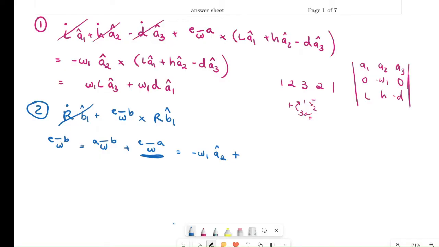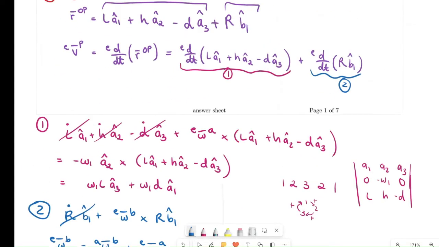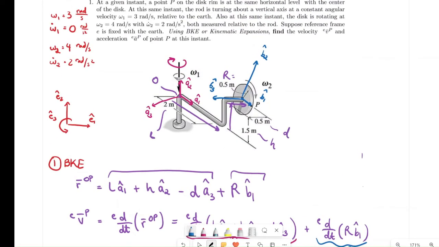And then we also need to find omega of B and A. The B frame is rotating with respect to the A frame at this angular velocity of omega 2 this way, right? That was stated here. This is measured relative to the rod, so we have omega 2 being the angular velocity of the B frame with respect to the A frame.